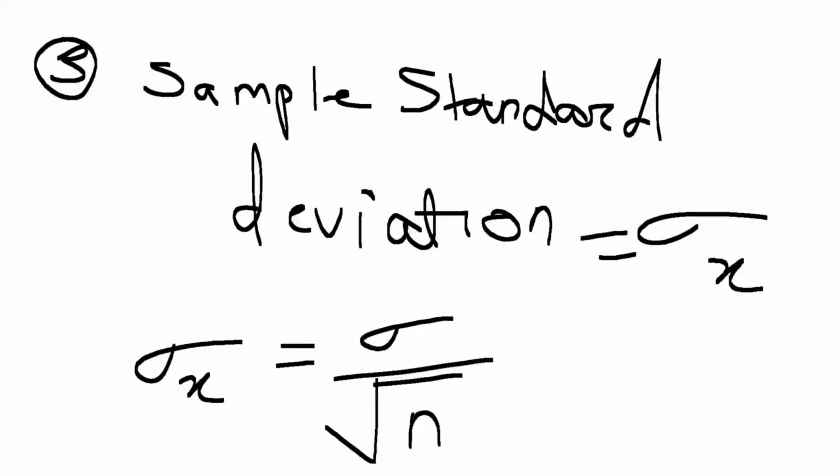What have we completed in the first three steps? First we calculated the mean, that is X bar. Then we calculated the double mean, that is X double bar. Then we calculated the sample standard deviation. Now what is the fourth step? The fourth step is to calculate the upper and lower limits in the X chart.